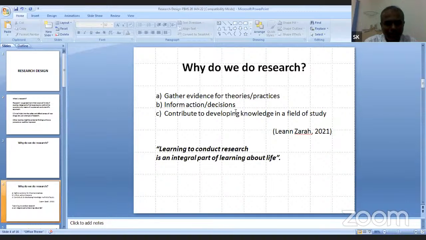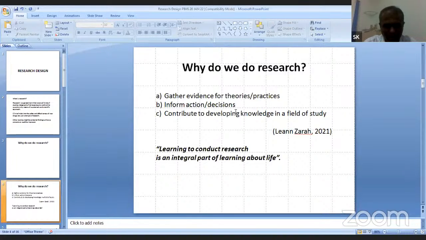B, we want to inform people who are into the action, which means our research, our work should allow people in the decision-making chairs to make what is called an informed decision.